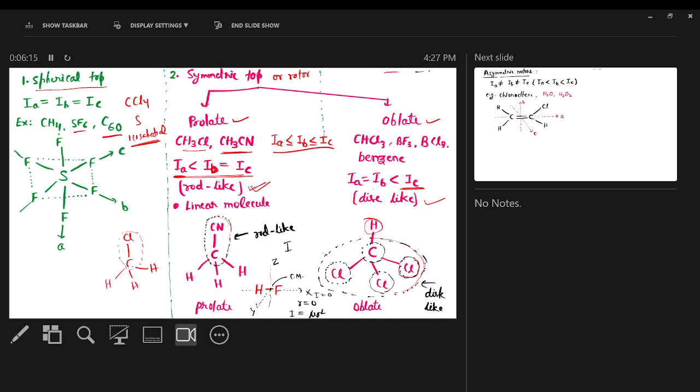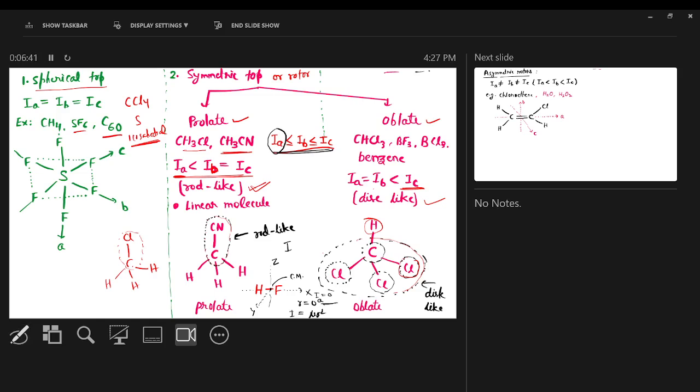So the moment of inertia tensor I will be the same along the z axis or y axis. So we can say this is IA. Why can we say this is IA? Because from this condition we see that this IA is smallest.